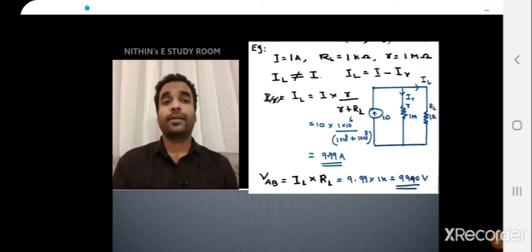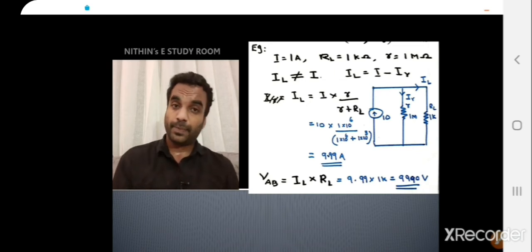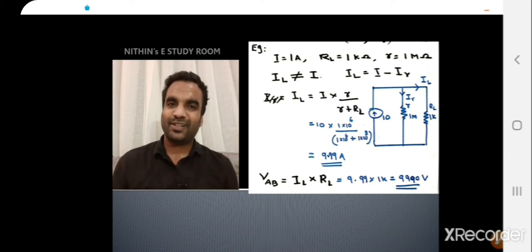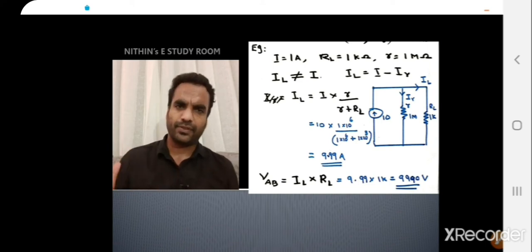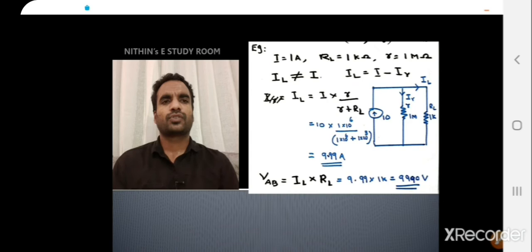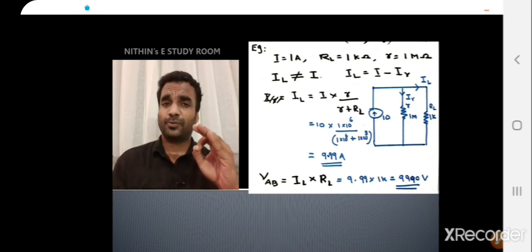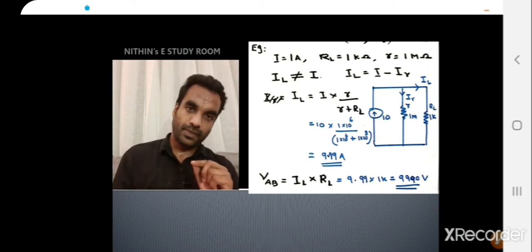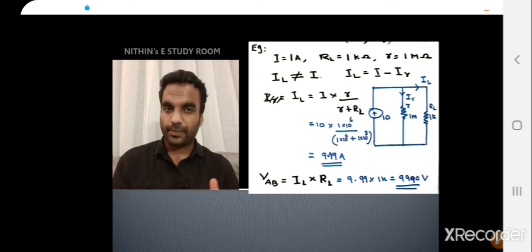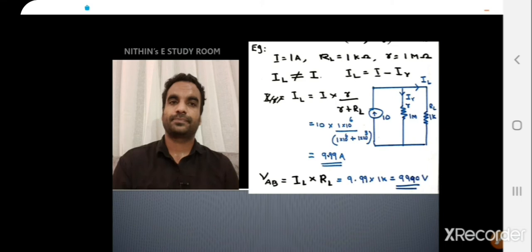You have to apply the current division rule. In the previous case, in the case of a voltage source, we applied the voltage division rule. In the case of a current source, we apply the current division rule. It is very simple. The current division rule means the current in one branch is equal to the main current into the resistance of the opposite branch divided by the total resistance.